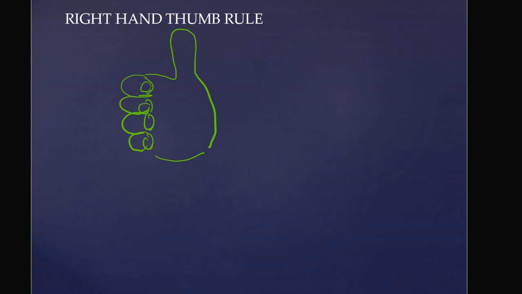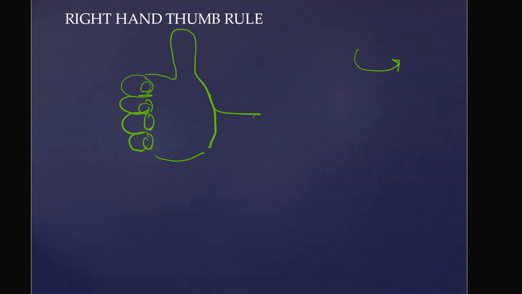I am drawing it. I am not very good at drawing, so I am just showing you. So this is my right hand. Same with the screw also, which is a right turning screw.